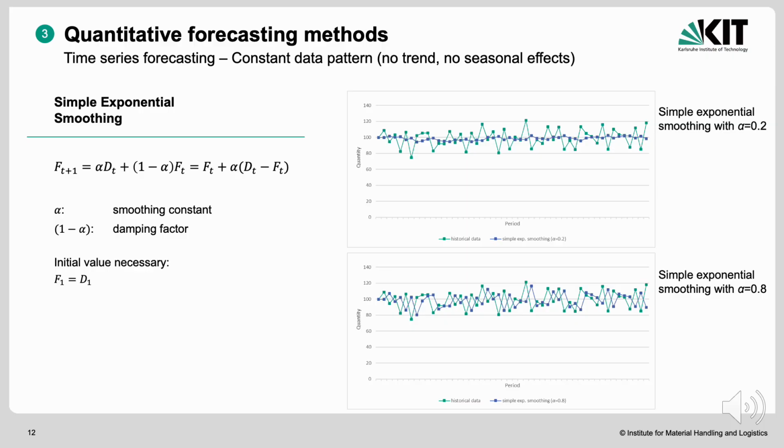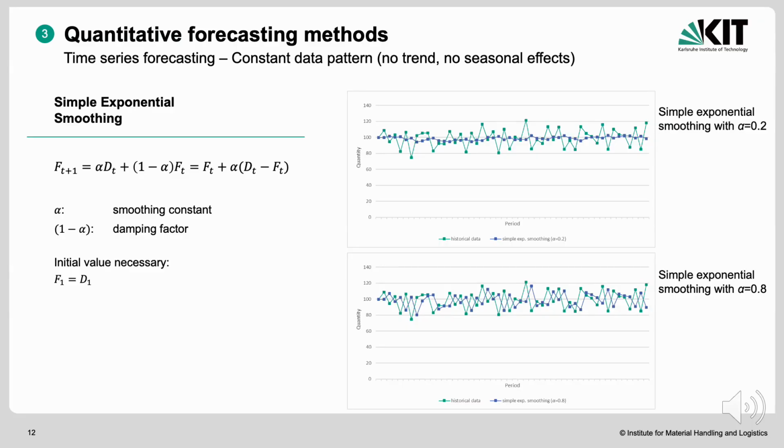However, if you have millions of products and you want to have a forecast for all of those, you still need a method which at the same time gives more weight to the more recent data and does not require a lot of data storage: exponential smoothing.